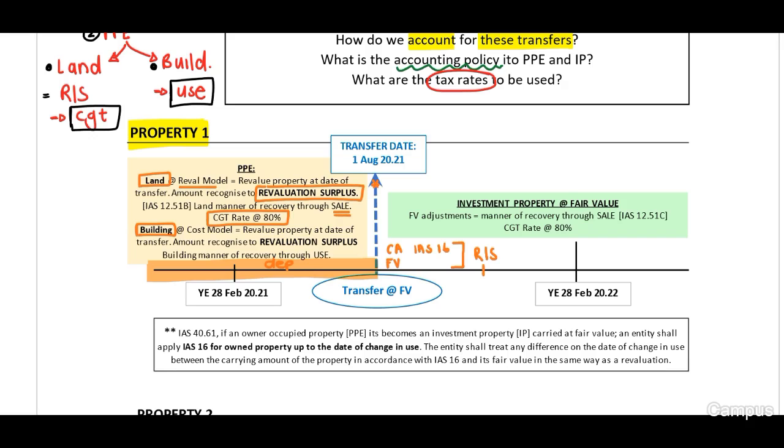But we treat this in terms of our rules of IAS 40 because this is a transfer. Therefore, again, guys, take out at fair value and include at fair value in our investment property. Investment property at year end, we will have to revalue at fair value and CGT rate will be used.